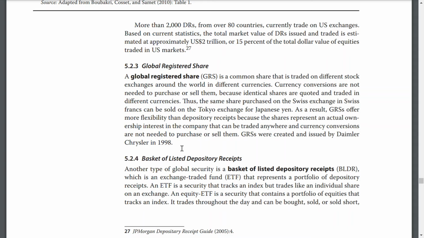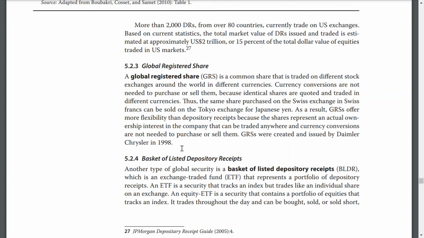The GRSs were created and issued by Daimler Chrysler in 1998. Another type of global security is a basket of listed depository receipts, which is an exchange-traded fund, an ETF that represents a portfolio of depository receipts.